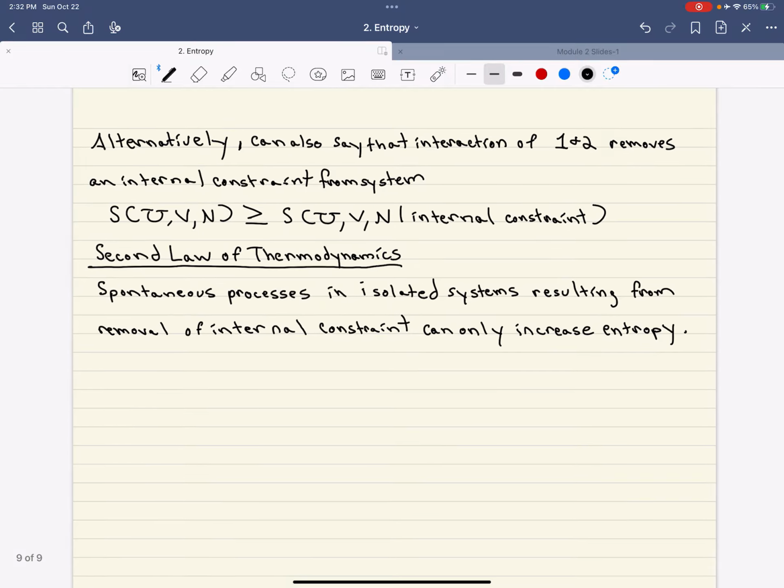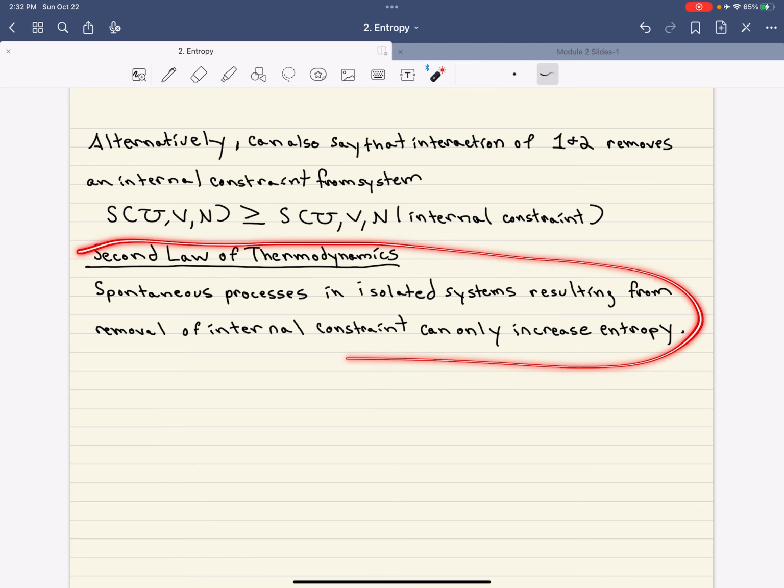Right? So this is another way to define the second law of thermodynamics.